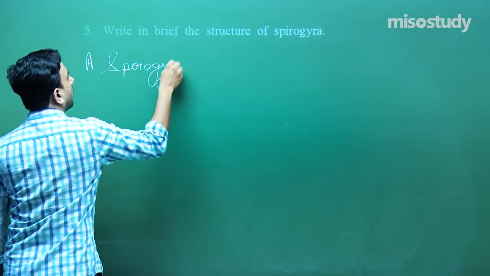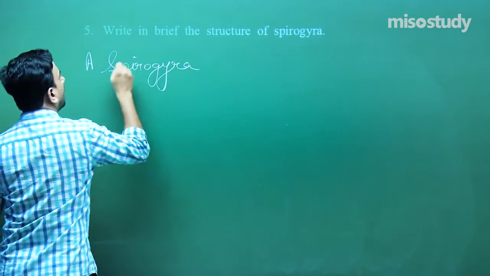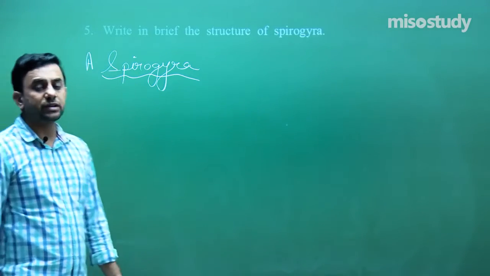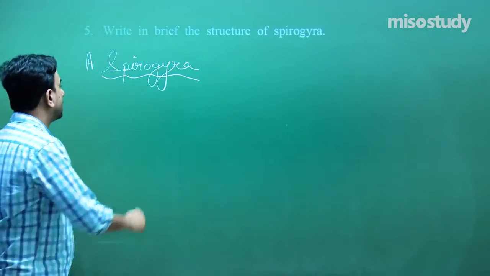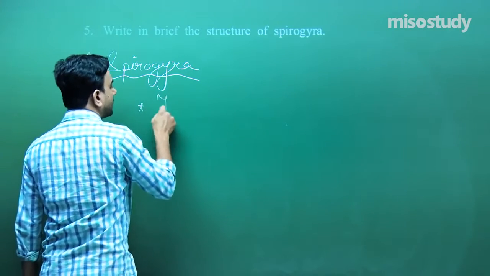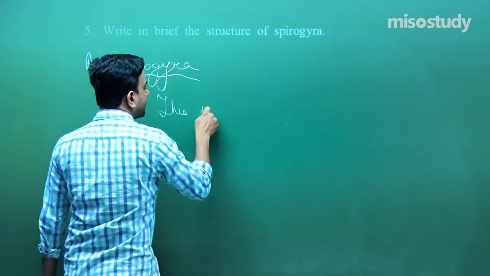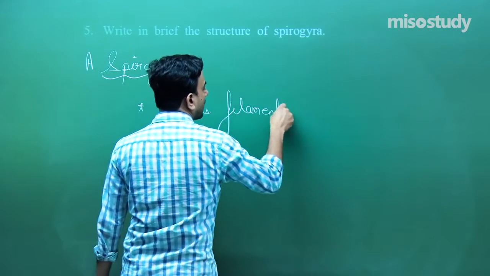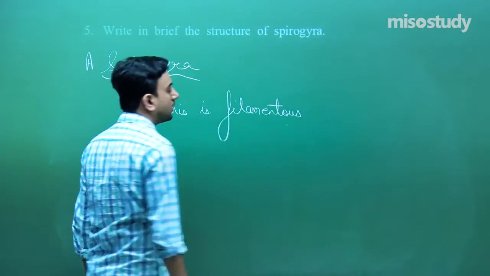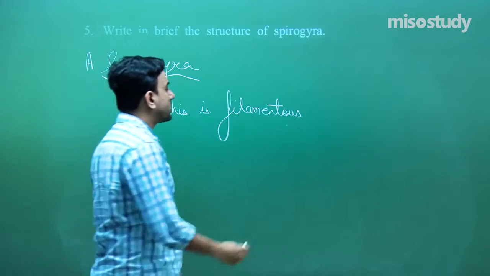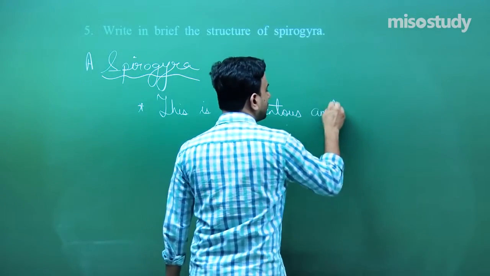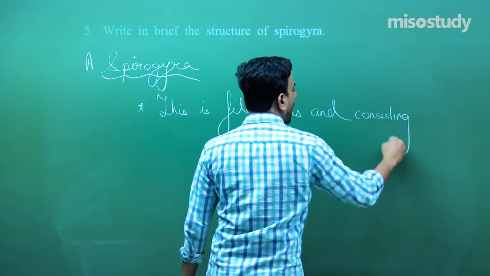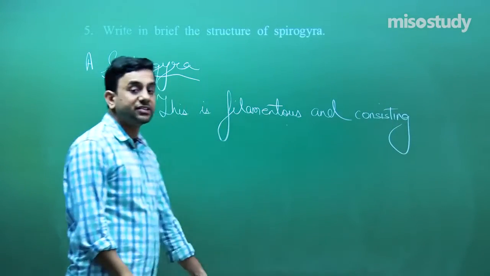Spirogyra. Now, Spirogyra is filamentous, consisting of mainly cylindrical cells.